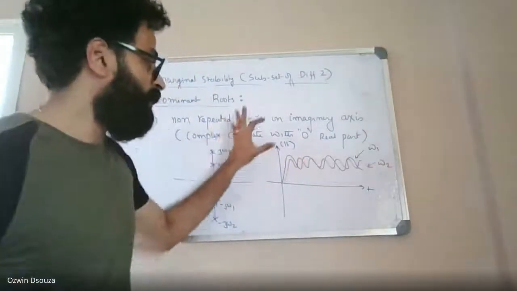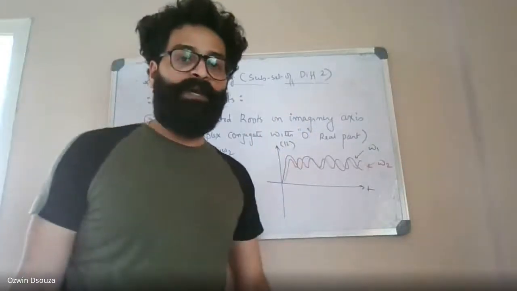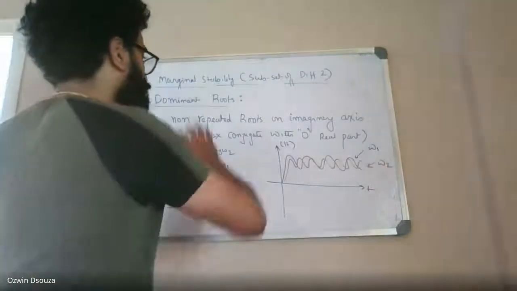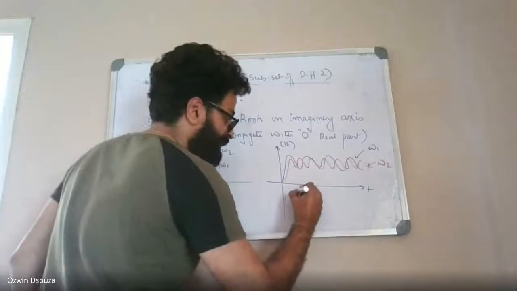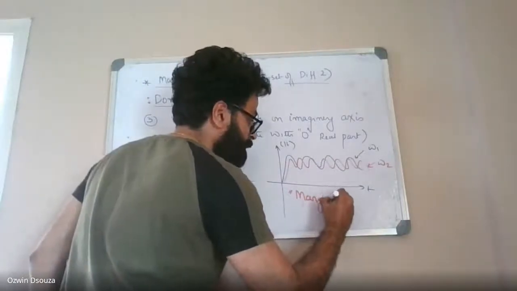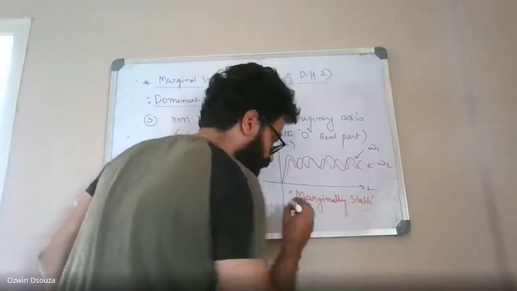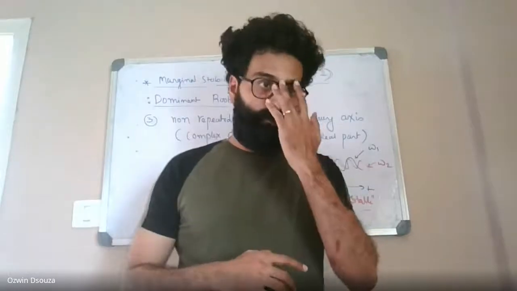It keeps on fluctuating between plus maximum and minus maximum. So if you get the dominant roots of this kind, you can call it a marginally stable system.